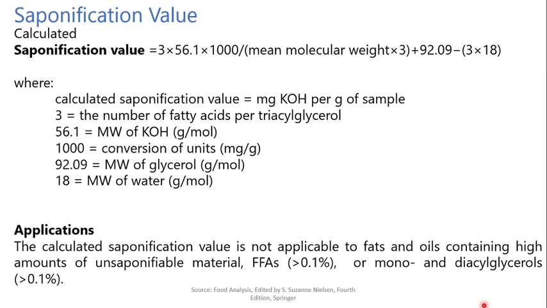Also, we can calculate the saponification value from the fatty acid composition. The fractional molecular weight of each fatty acid in the sample must be determined first by multiplying the fatty acid percentage divided by 100 by its molecular weight.